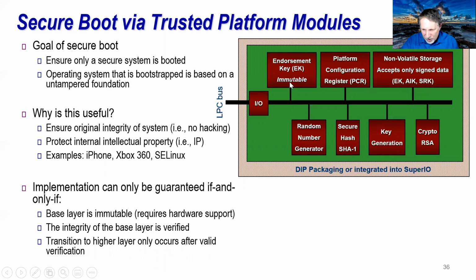Inside them, usually burned right in the silicon, is the public key of the entity that can update that signed storage. And so you'll remember we have this notion of a hash, right? You can take a hash of a value, creating a hash value, and then you can encrypt that hash with the private key that matches this public key.